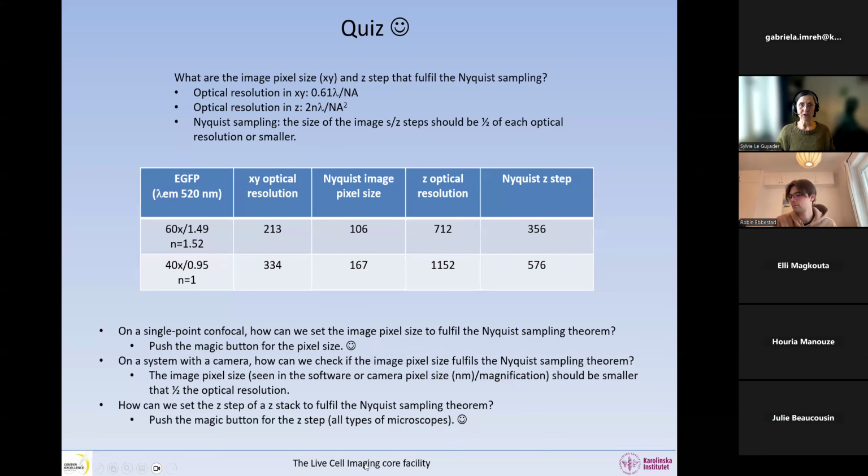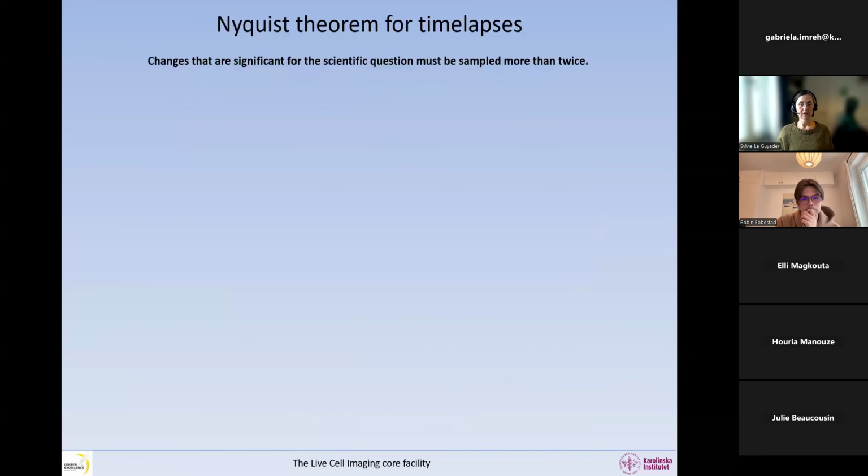Okay, very good. So you see, it's not super complicated, but I think you understand that we need to digitalize the images in such a way that we're not creating artifacts, and also that we are collecting everything that the objective is giving us. And again, that depends on the scientific question. So we will look at this, but we always need to relate this to our scientific question.